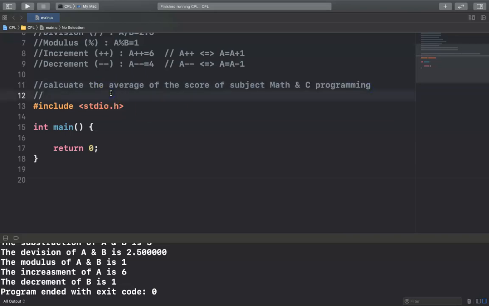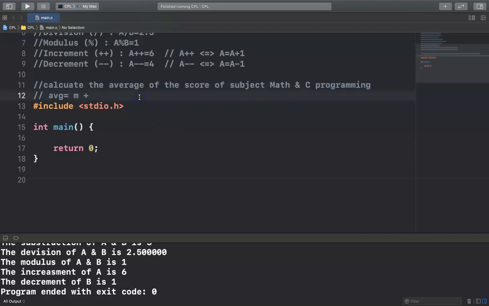So, for example, I represent the average by AVG equal to the score of subject math. I represent by A, plus the score of subject C programming.